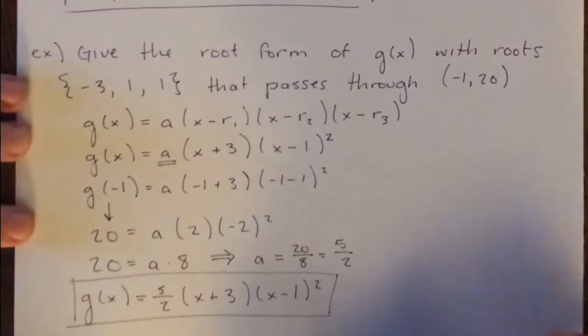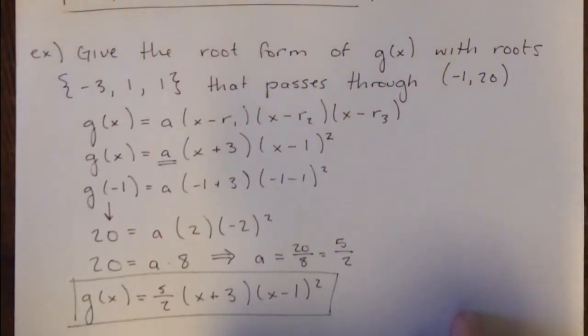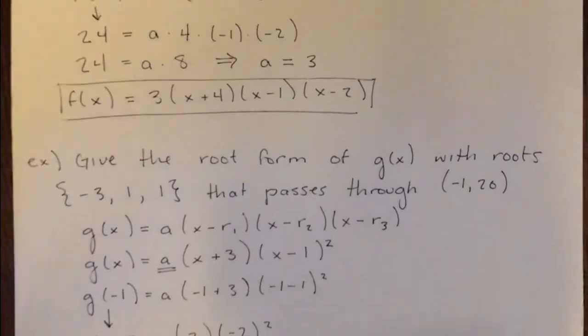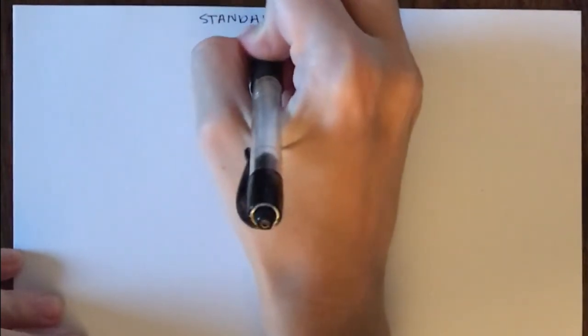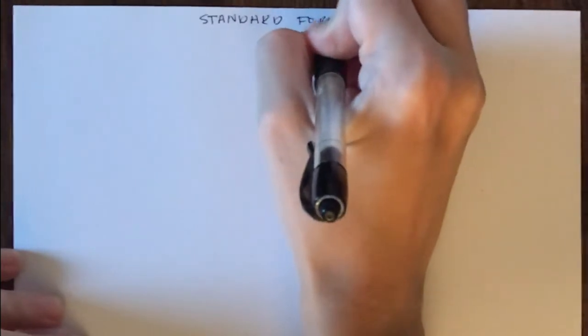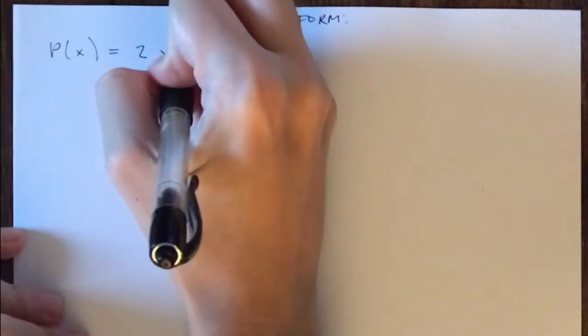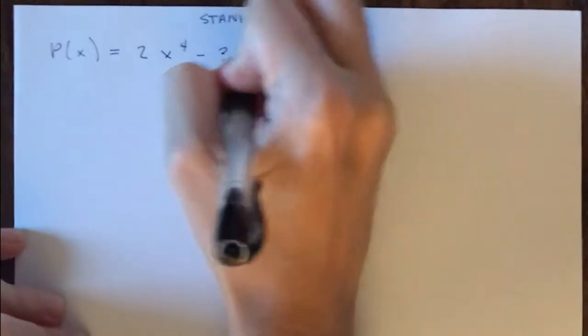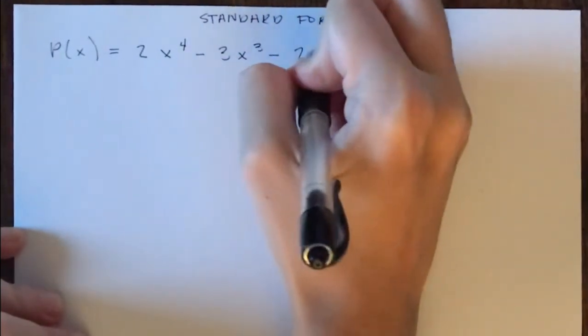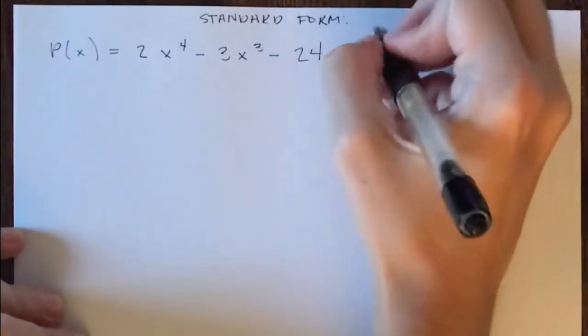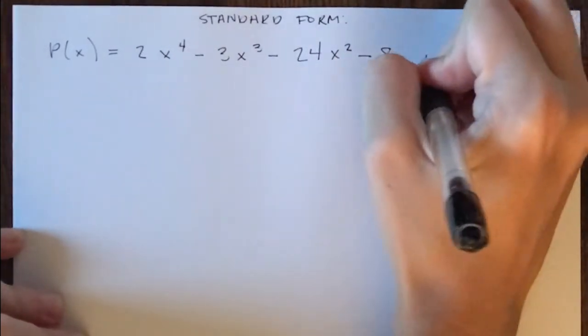Let's talk a little bit about how root form and standard form are related to one another. So here's the standard form of one polynomial. P of x equals 2x to the 4th, minus 3x cubed, minus 24x squared, minus 8x plus 3.